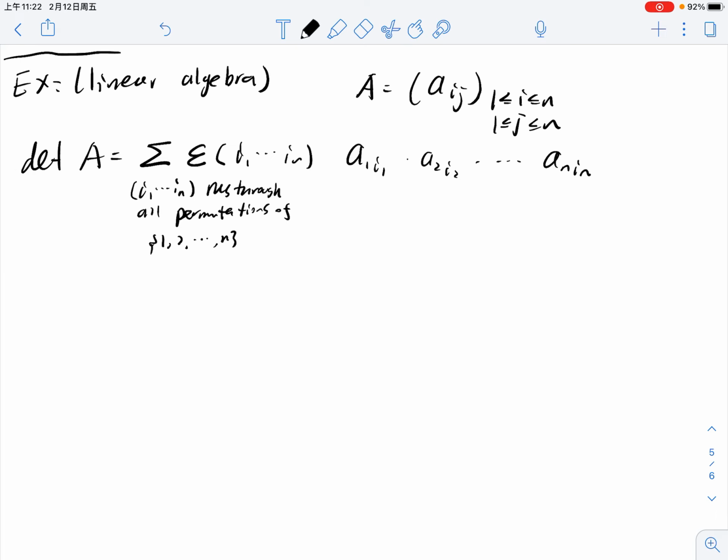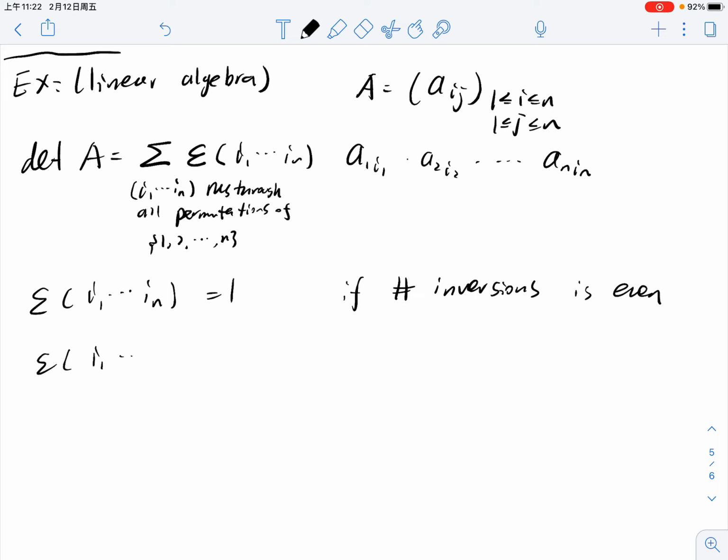Okay, so here epsilon is called the signature. It's always positive 1 or negative 1. The rule to determine it is that it's 1 if the total number of inversions is even, and it's negative 1 if the total number of inversions is odd.